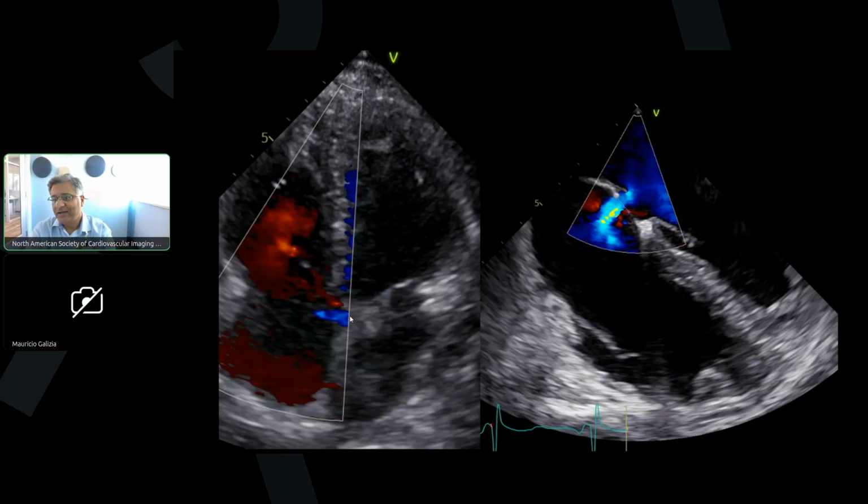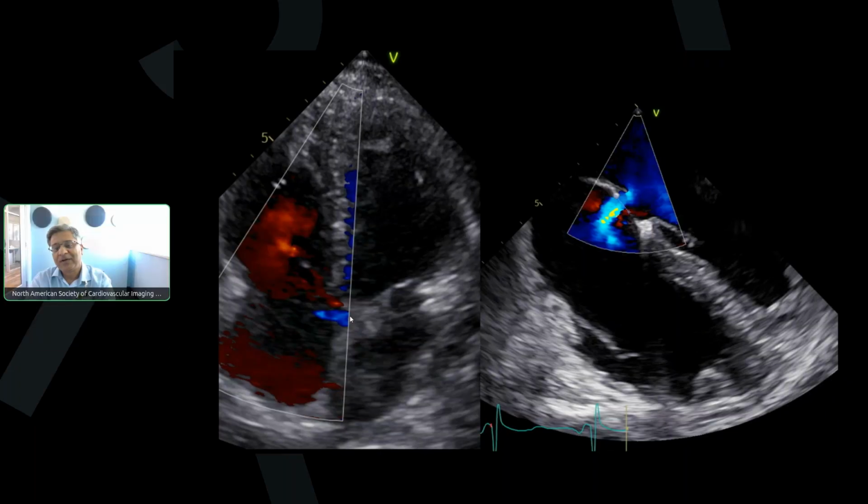So they went ahead and did a transesophageal echocardiography, and what we can see over here is again this flow jet on the TEE, which suggests that there is a large atrial septal defect.